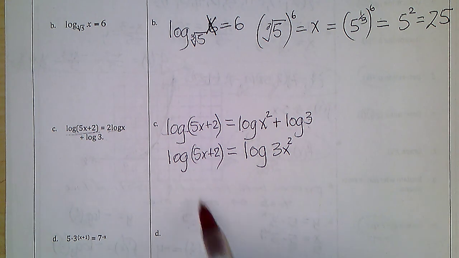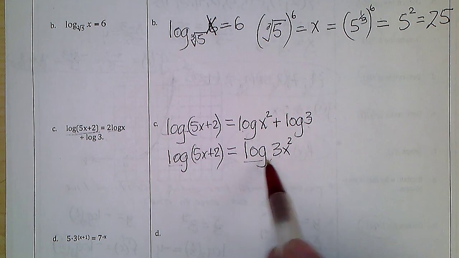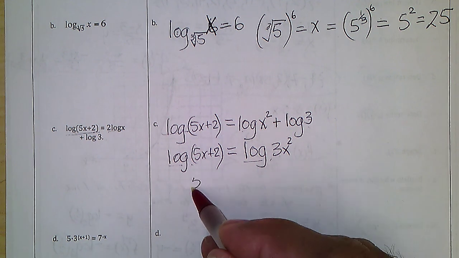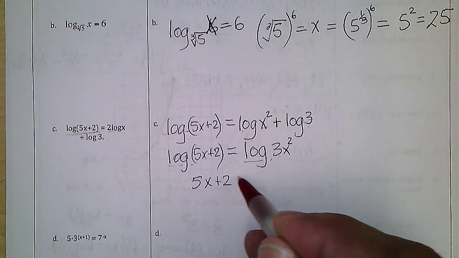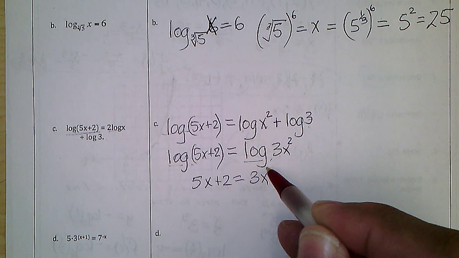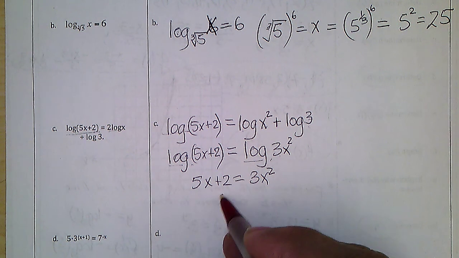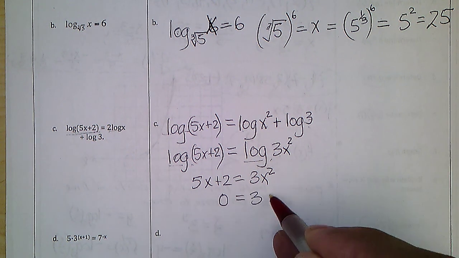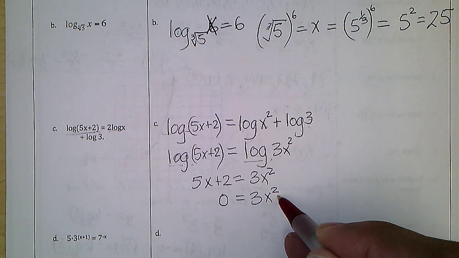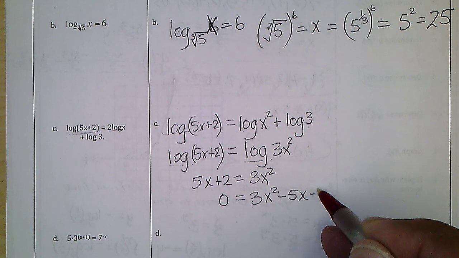Now we can drop the logs because it's a single log, same base, same base. So 5x plus 2 equals 3x squared. So this is a quadratic, so we're going to write 0 equals 3x squared minus 5x minus 2.